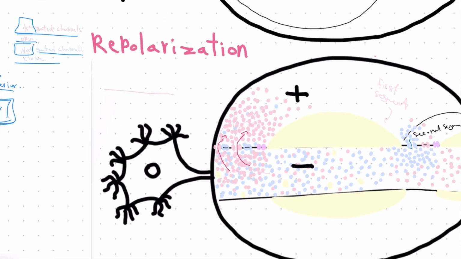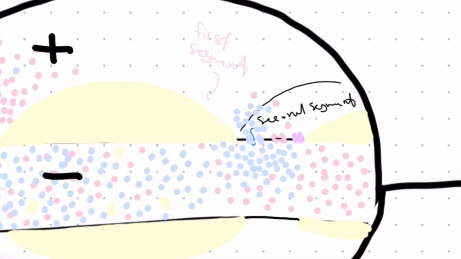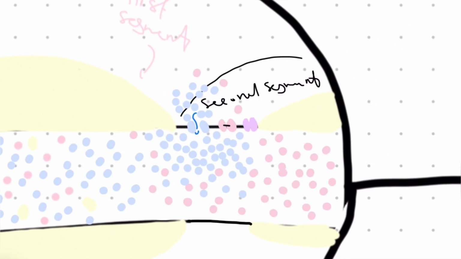So here we have a large concentration of sodium, small outside, but a large concentration of potassium that is going to the outside, and here it is small. The next segment would start depolarization slightly after the repolarization of the first segment.